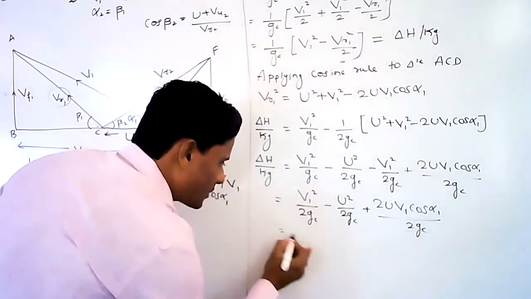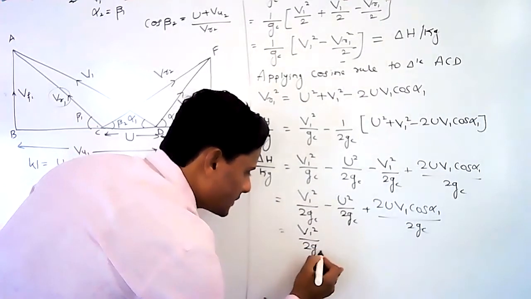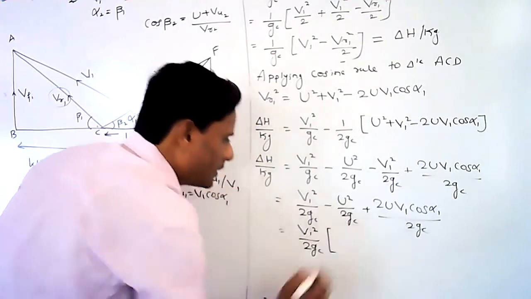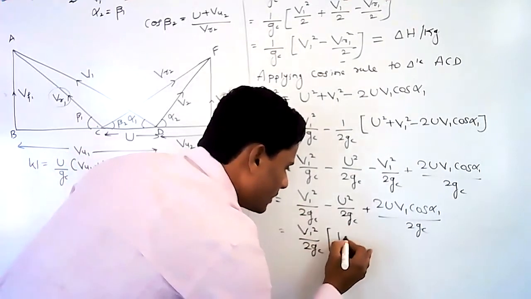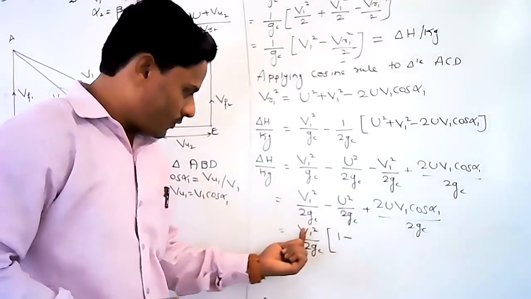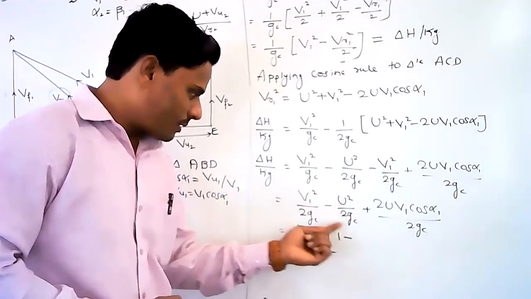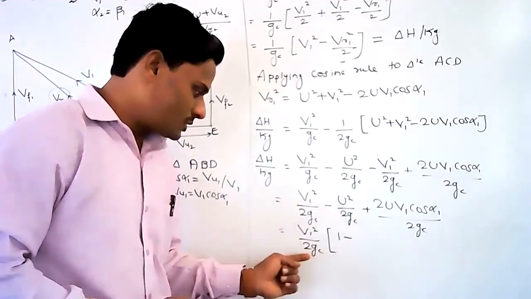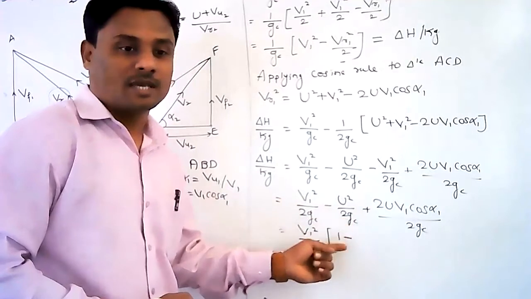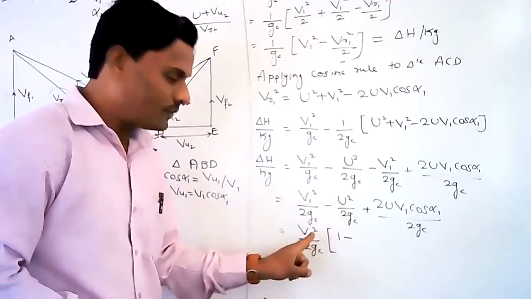Outside the bracket, I can write V1 square by 2 GC as it is into 1, minus. If I take V1 square by 2 GC outside the bracket, I have to divide this complete term by V1 square by 2 GC. So 2 GC is the same in the denominator, both will get cancelled. We are left with U square by V1 square.